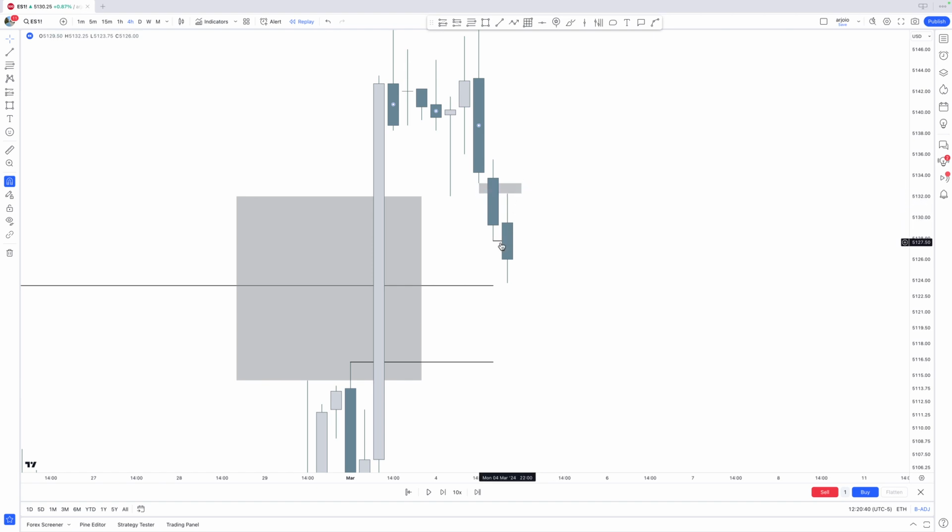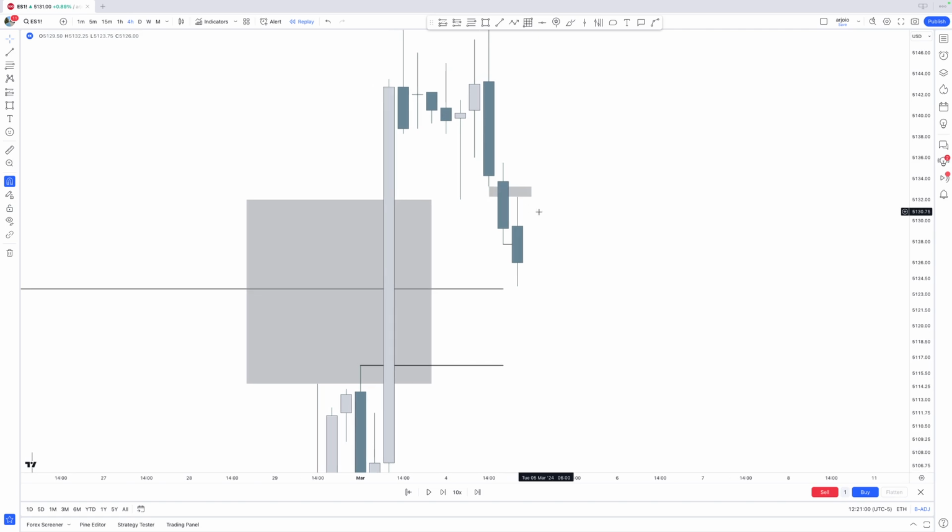If we do close below it, then we are likely not trading back into that fair value gap right there, which then becomes a breakaway gap. Breakaway gap, also what we're going to go over. Breakaway gap is a fair value gap that is not getting traded back into. So it's almost like a fake fair value gap. So this is one method, but it's more important to look at the rejection that we might have at the bottom right there.